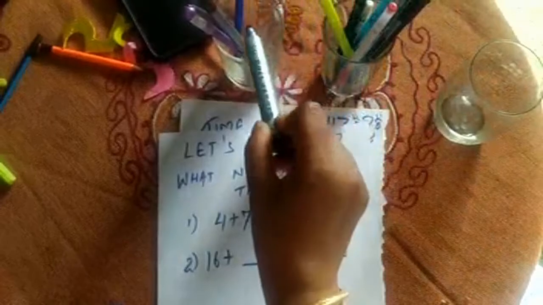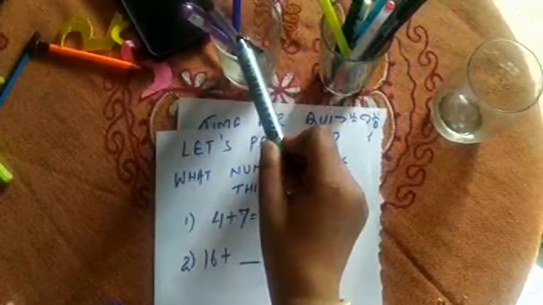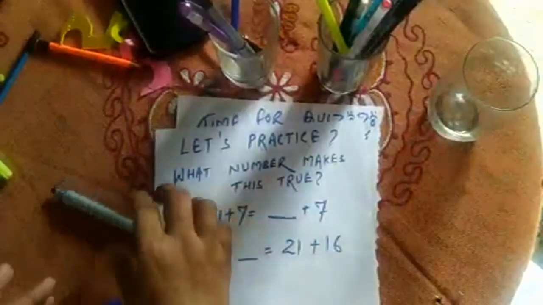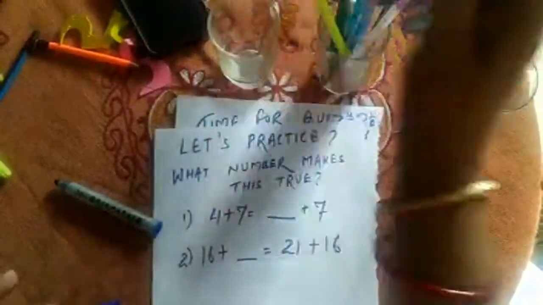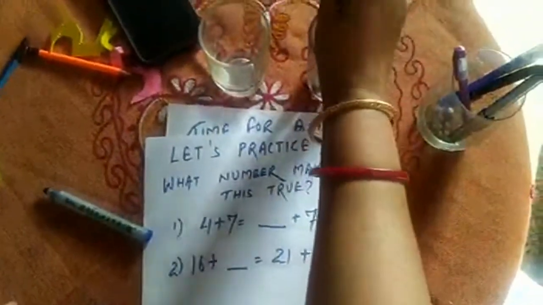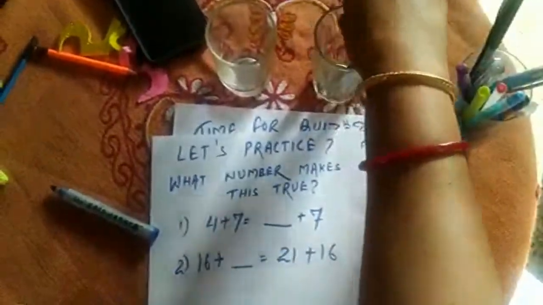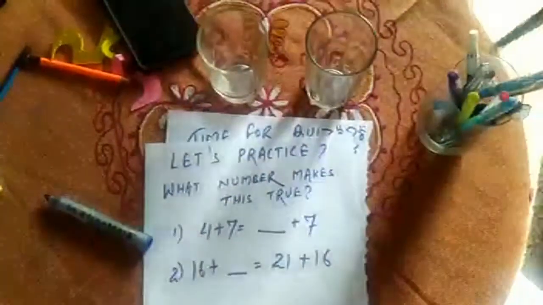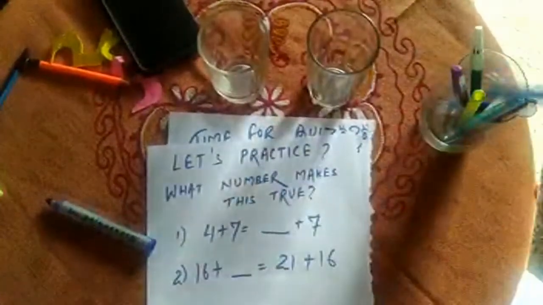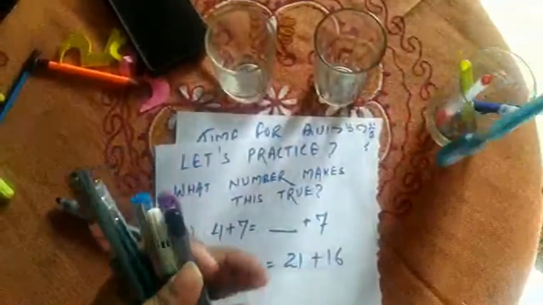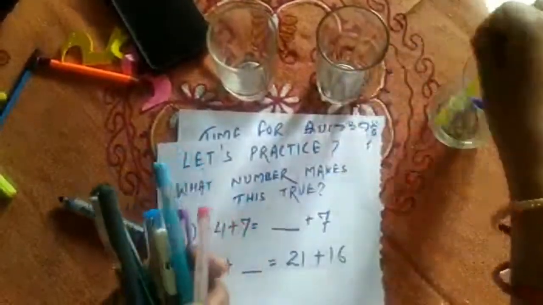But when I change the order of the addends, then what is the result of addition? Let's see. Putting all these, 4 plus 7. So the total sum is, let's see, 1, 2, 3, 4, 5, 6, 7, 8, 9, 10, 11.